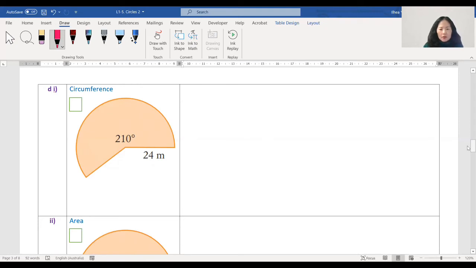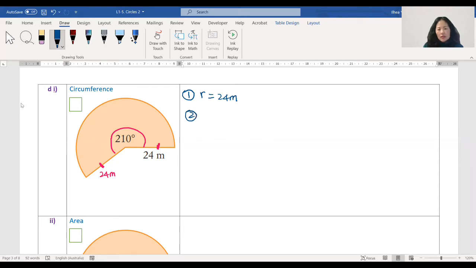All right, next one has the angle as well. But we know what to do with angles, don't we? And we do know that that's our radius and that's another radius. Radius is always the same. So let's have a look. First step is find our radius. R equals 24 meters. And second, I want to know my circumference.